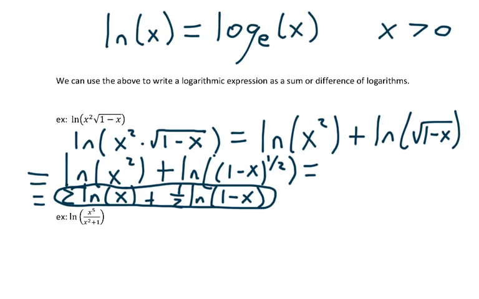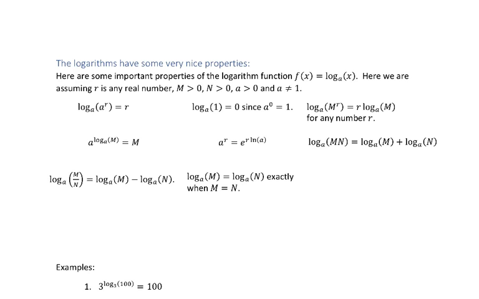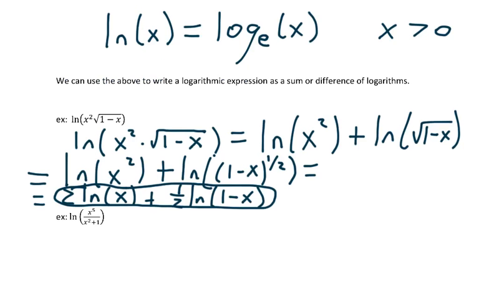Now, for this one here, we have a quotient. If we went back to the properties there, this quotient becomes a difference. The quotient becomes a difference. So going here, we're going to rewrite this.